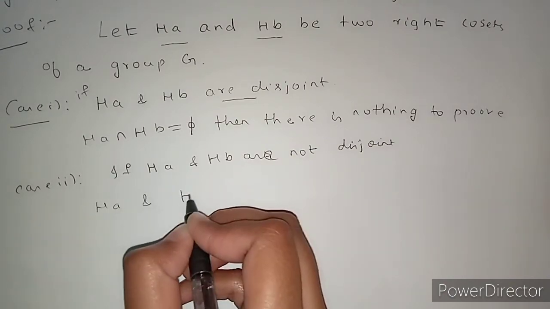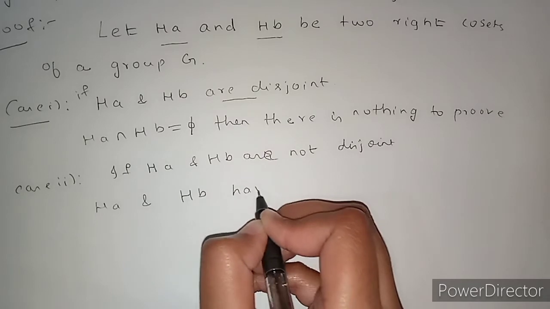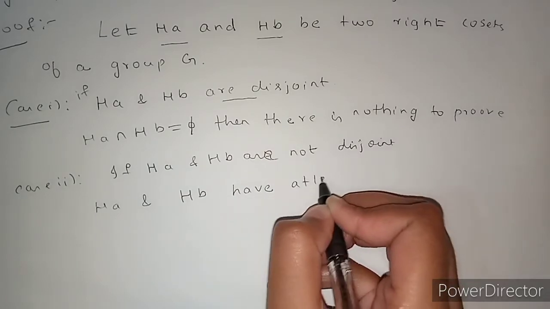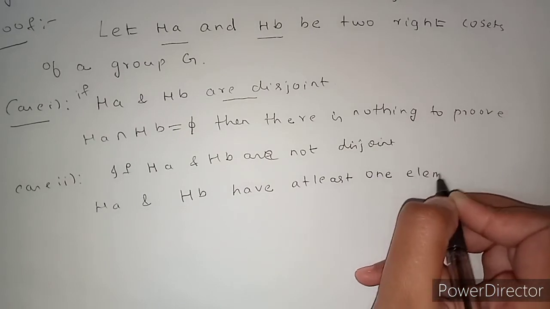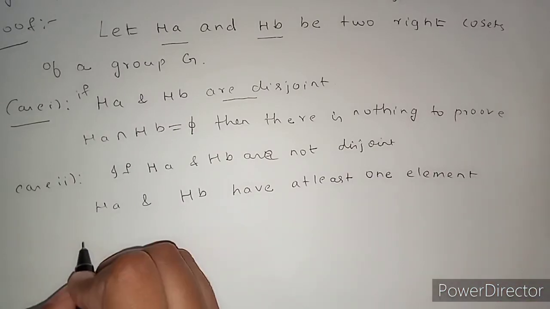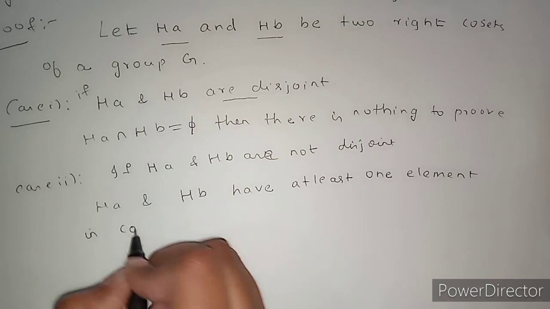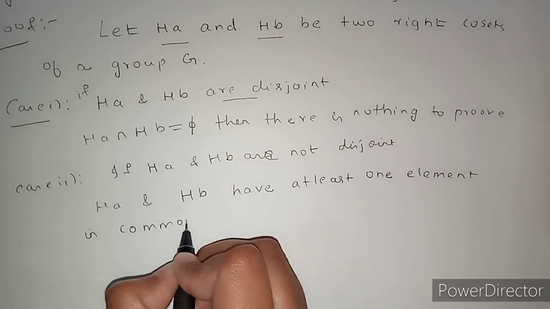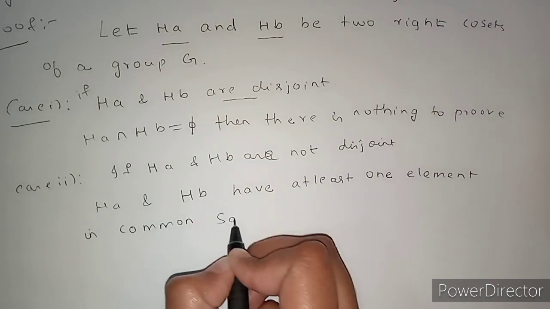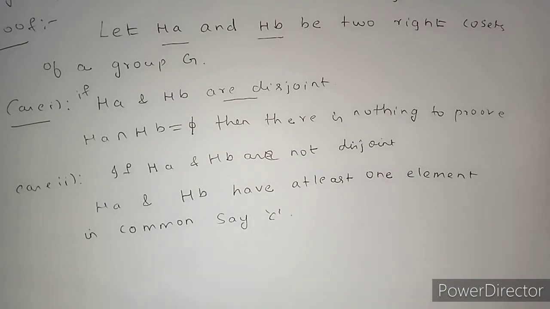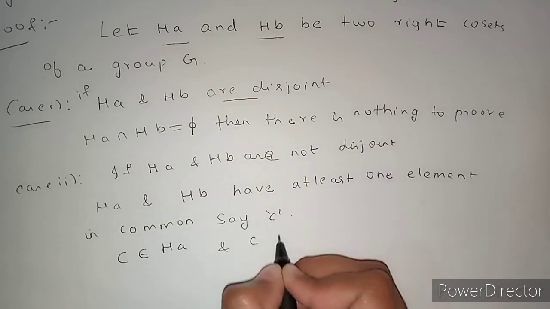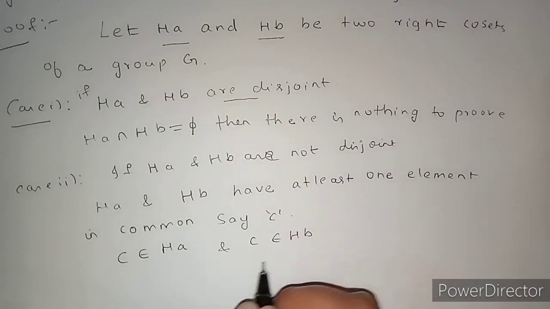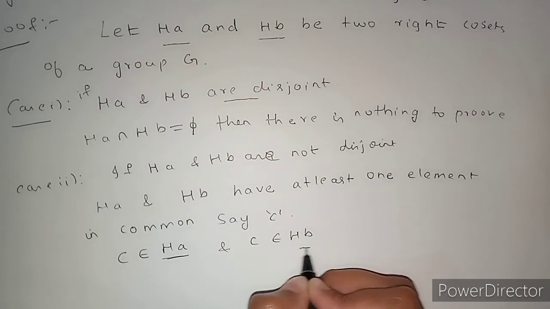Ha and Hb have at least one element in common, and let that element be c. That means c belongs to Ha and c belongs to right coset Hb.